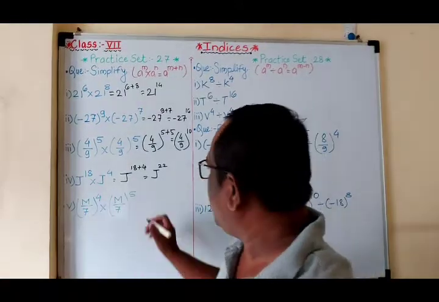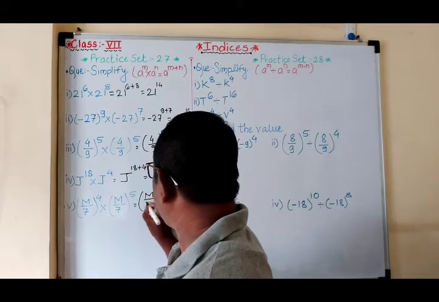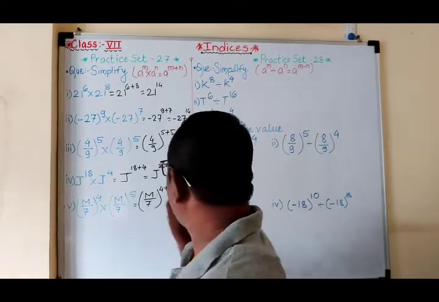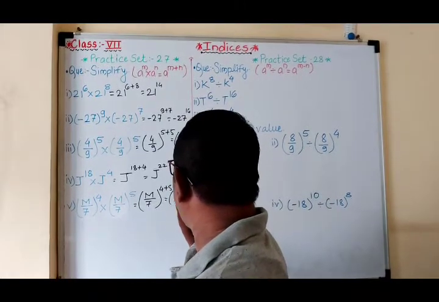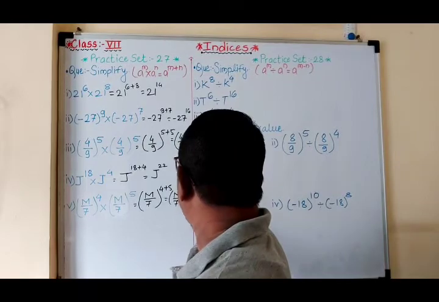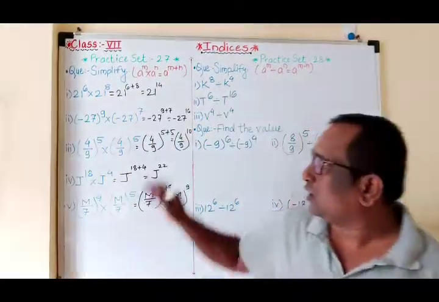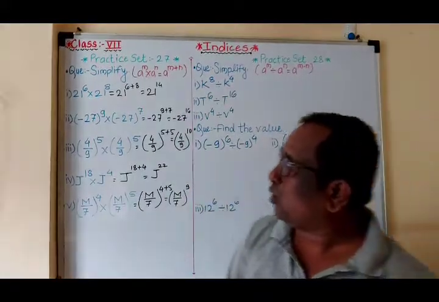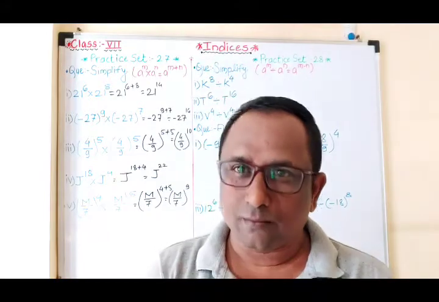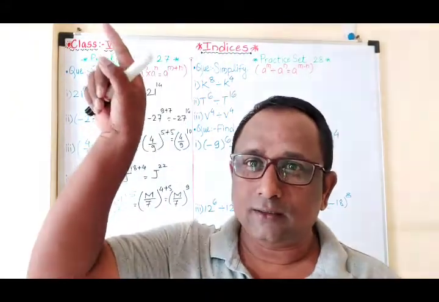Now the fifth one, here also take the base m upon 7, add the indices 4 plus 5, is equal to m upon 7 to the 4 plus 5, 9. So these are very simple. Only keep in mind, when there is a multiplication of indices, then you have to add the indices.